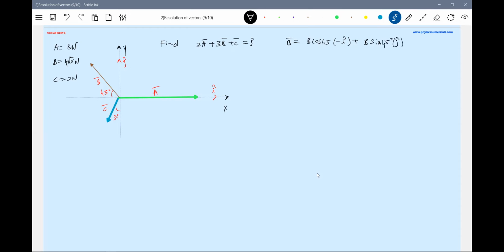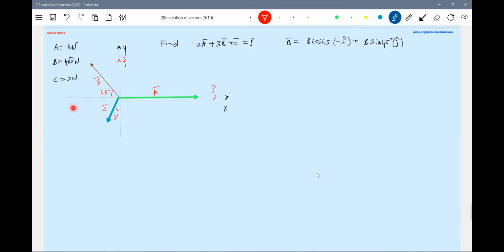What actually happened? This B bar vector, I'll split it up. There's a B bar, a component of the vector along negative x-axis, B cos 45, along negative x-axis, minus I cap. A component of the vector along positive y-axis will be B sin 45 J cap.